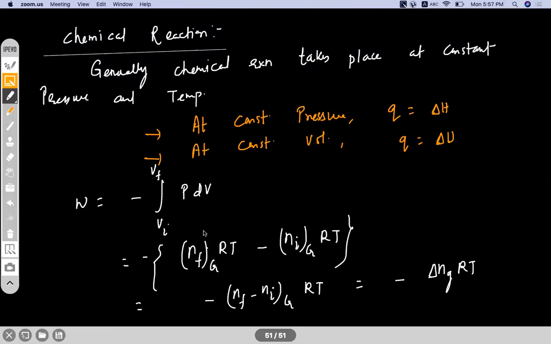So any chemical reaction generally takes place at constant temperature and pressure. This is what the definition of enthalpy or at constant temperature, heat content of the system is nothing but the enthalpy change.